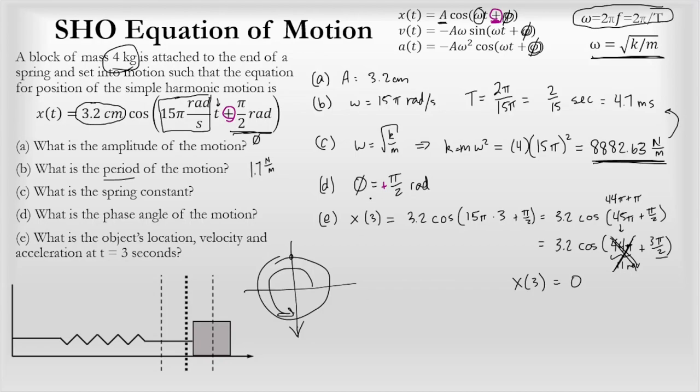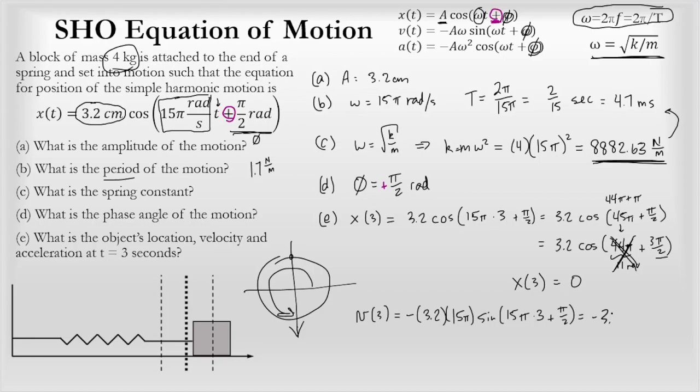Okay. If I look at the velocity, what's the object's velocity at 3 seconds? Well, I'm just going to copy this stuff down. I'm going to have a negative 3.2, the amplitude, times omega 15 pi, times sine of 15 pi times 3 plus pi over 2. Let's do the same trick.